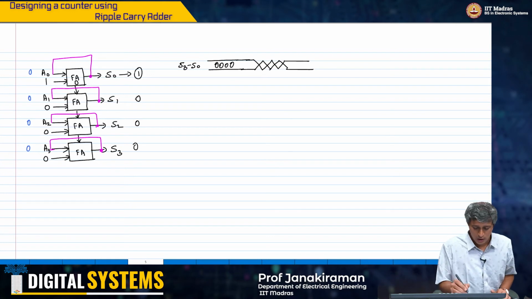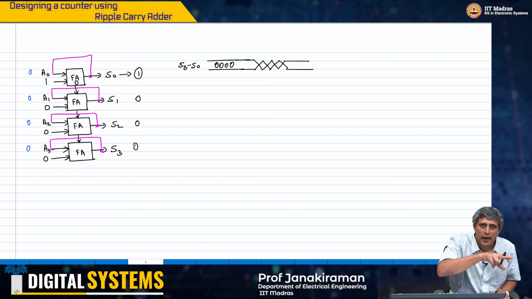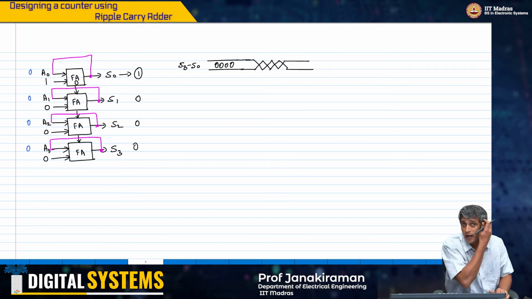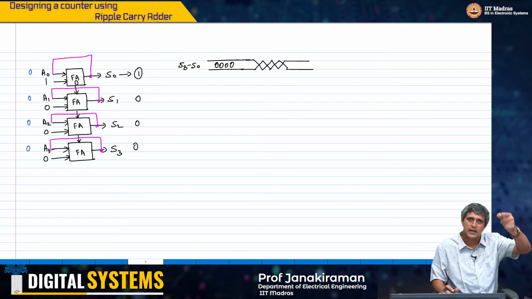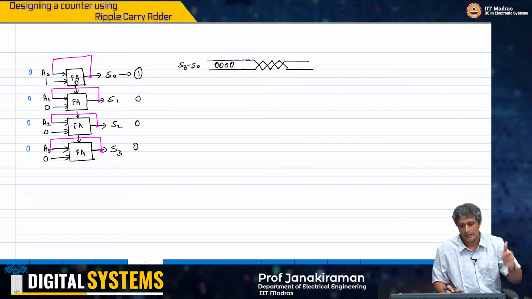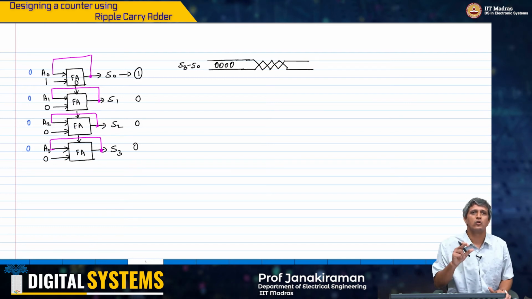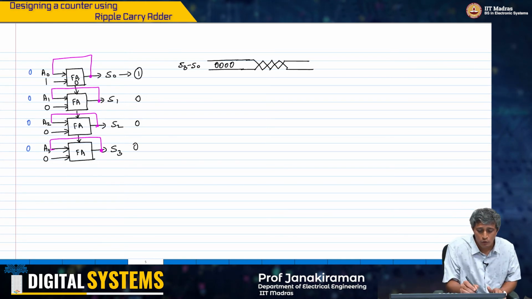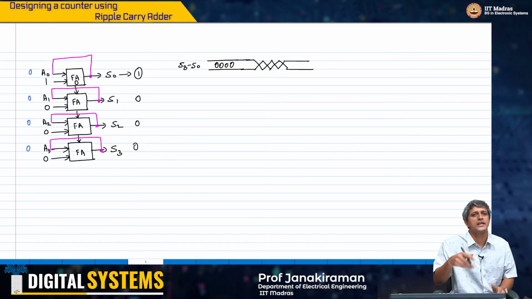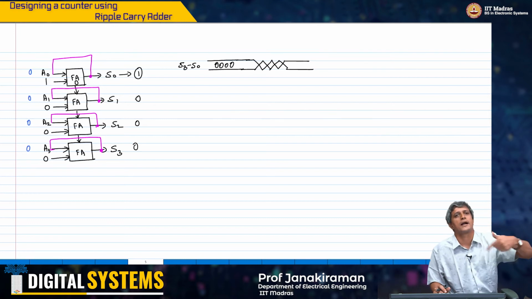Now this S0 has reached a new state and it will be fed back again to its A0. Automatically that full adder will evaluate and give you its new value. S1, which is supposed to go to 0, 0, 1, 0, will not have enough time because full adder 0 is continuously evaluating, because of this feedback.